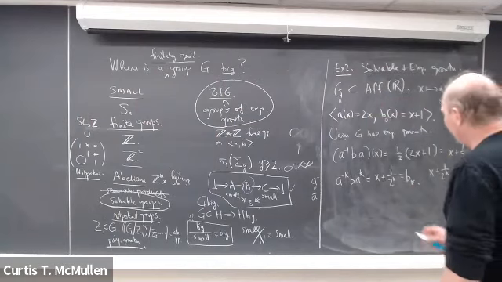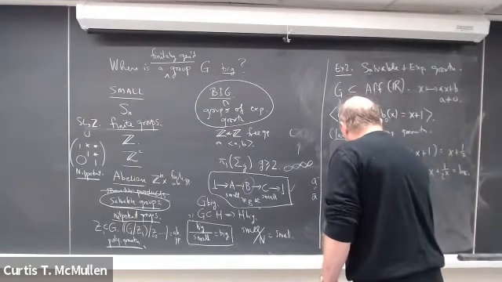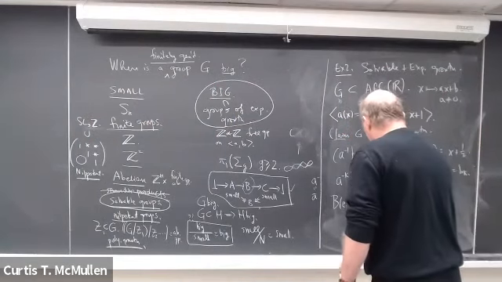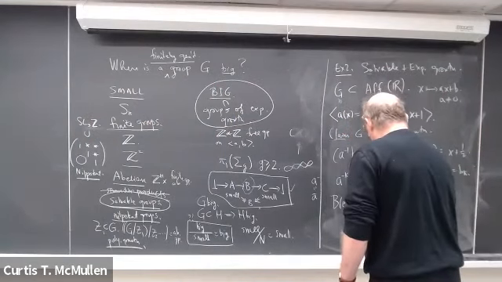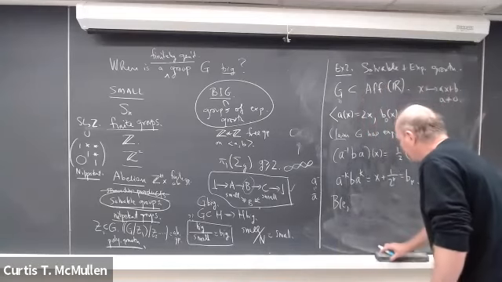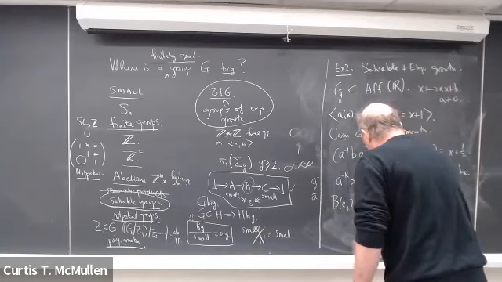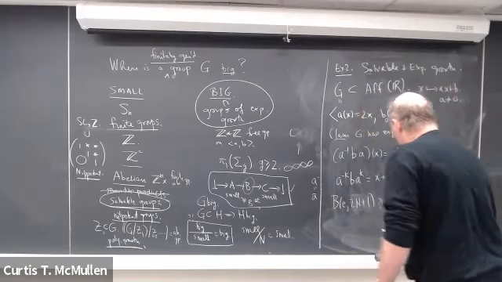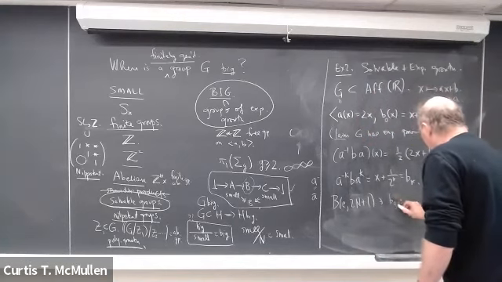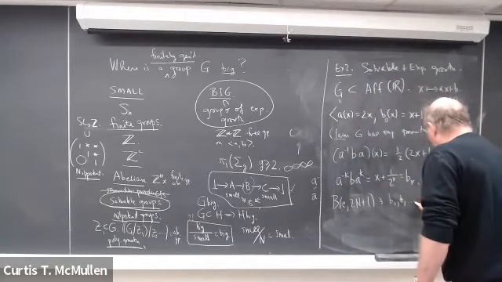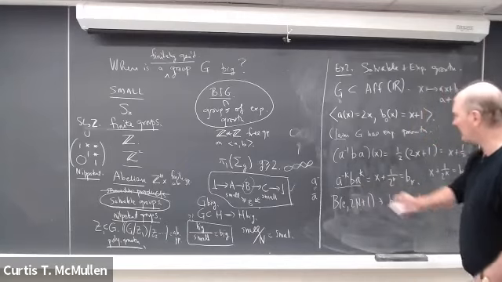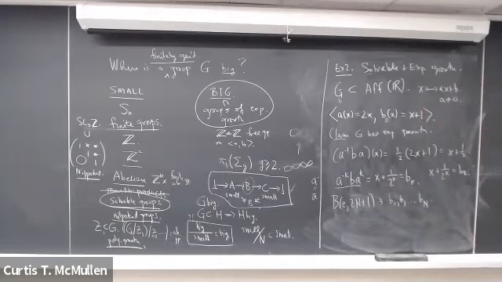So if we were to take the ball around the identity of radius, let's say, actually let's say 2n plus 1, this would contain B0, B1, all the way up to Bn, because the length of this word is 2k plus 1.